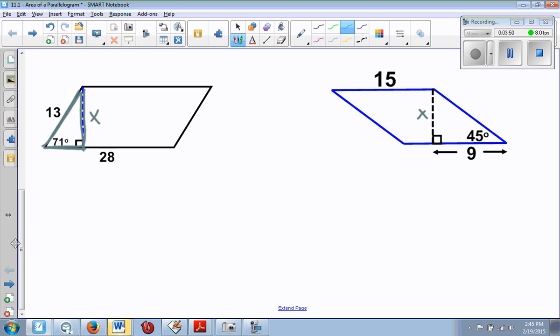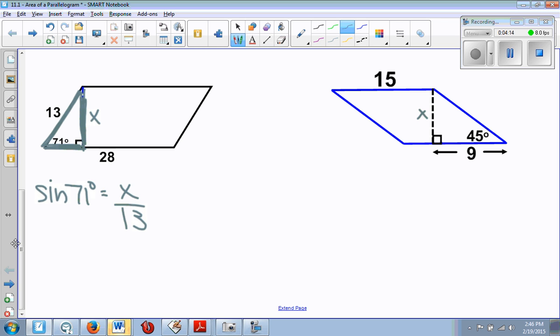If I want to figure out what this x is, of this little gray triangle, the x is the opposite side from the 71, and the 13 is the hypotenuse. So I can use a sine ratio to figure out the value of x. And if you recall from last unit, whenever x is in the numerator, I'm going to multiply to solve.